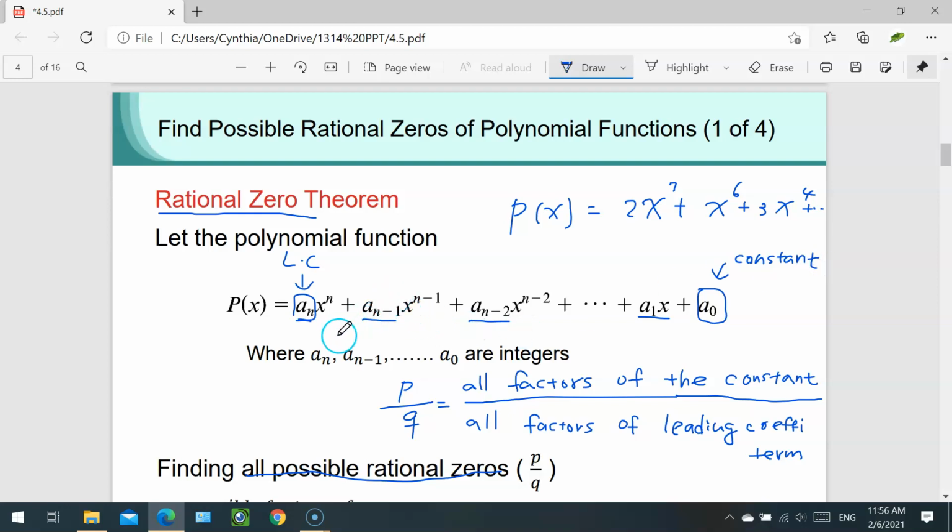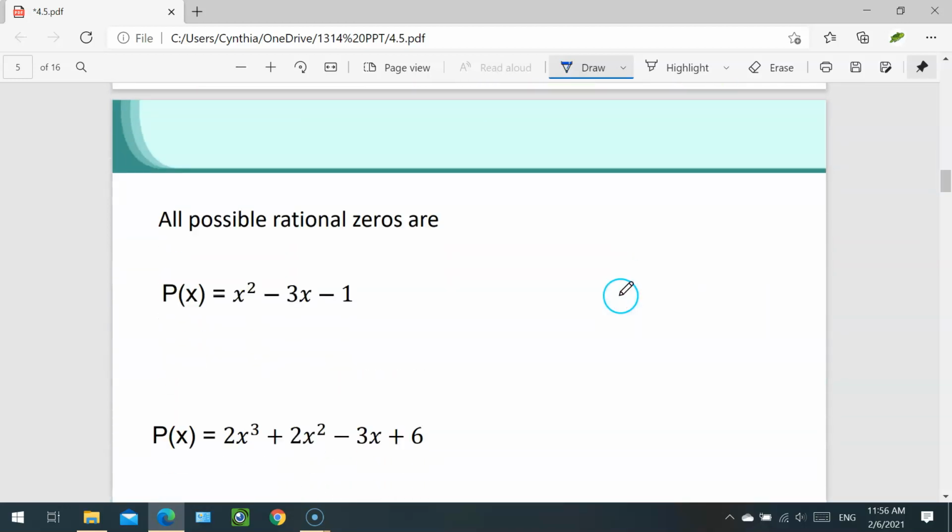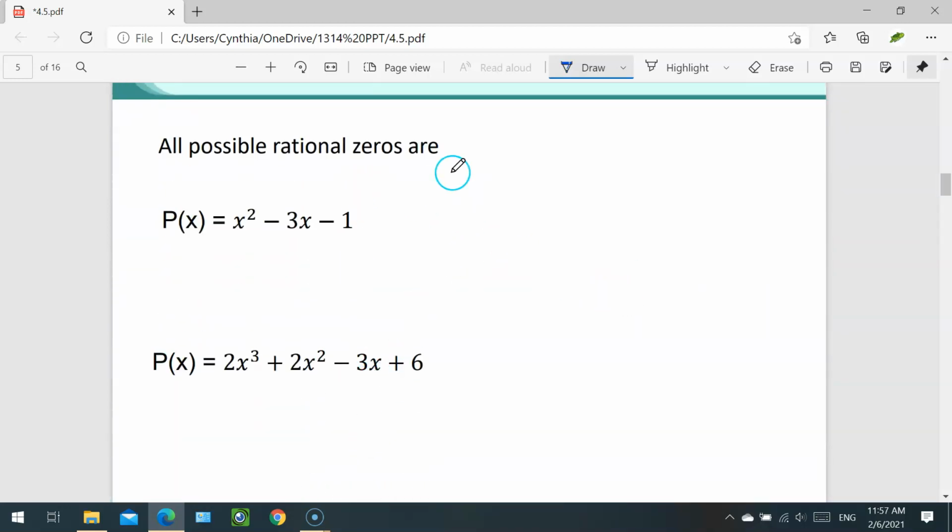So the first step, in order to break down your polynomial function, is to use these two numbers to find all possible rational zeros. Then from there, we can break down the function. How do we do that? We use these two examples and practice finding all possible rational zeros. Look at the constant term.